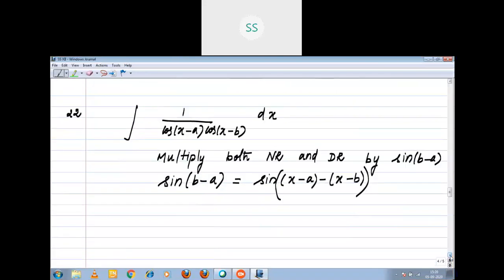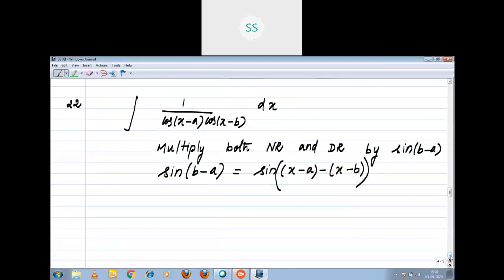You may ask how. Once you practice, you will get an idea how to integrate. If the function cannot be integrated directly, you learn how to use the trigonometric identity and how to adapt the substitution. Now I equals, I said multiply both numerator and denominator by sine b minus a.